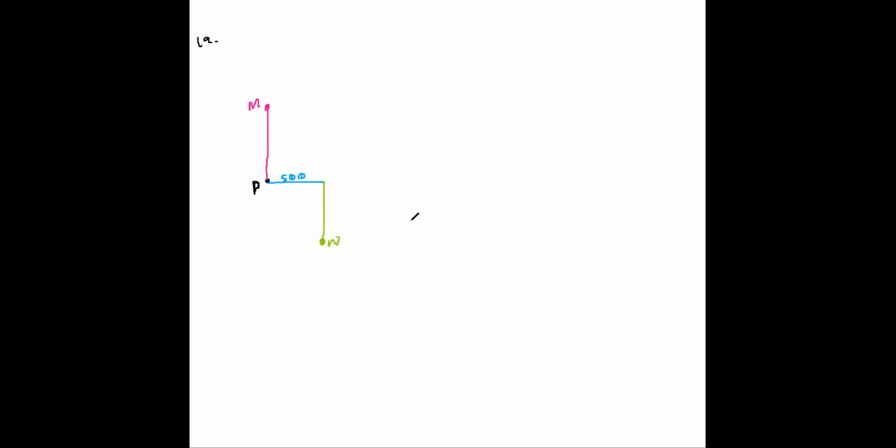So what we're looking for is the distance between them, which we can connect via a line.